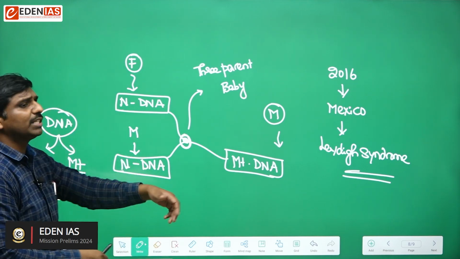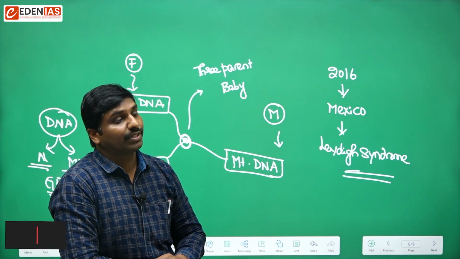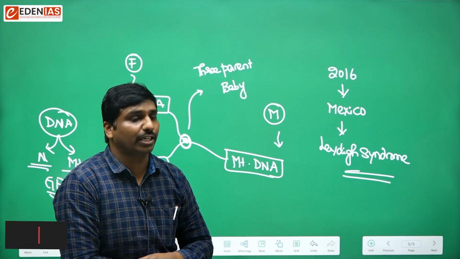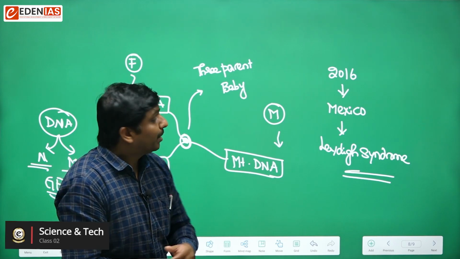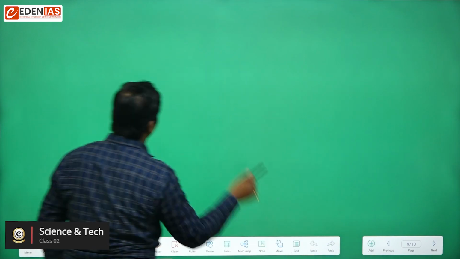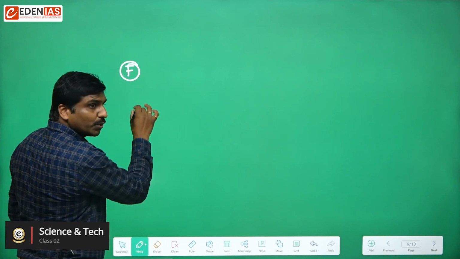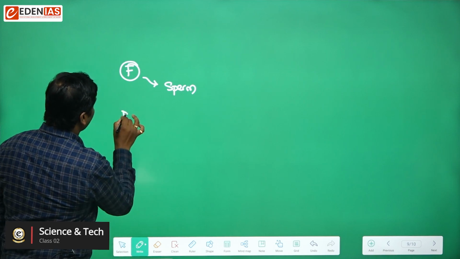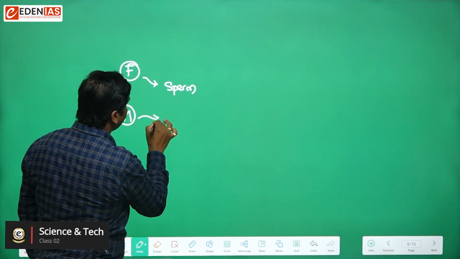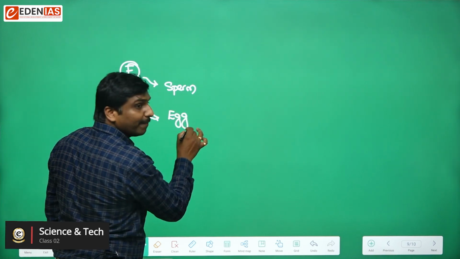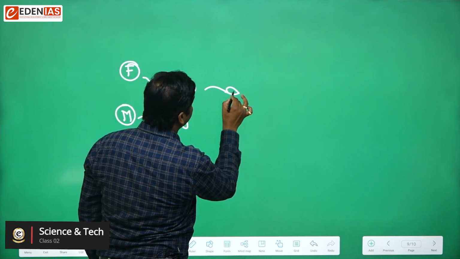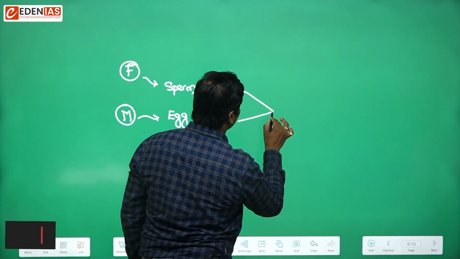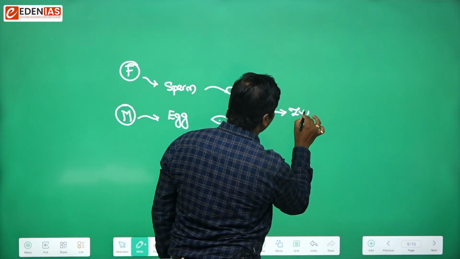Surrogacy means we have another mother, because sometimes the mother might have issues with respect to the uterus. There can be some uterine issues. In such cases, the father is healthy, no issue. Sperm is collected, and from the biological mother the egg is taken. Then the sperm is fused with the egg to produce the zygote.